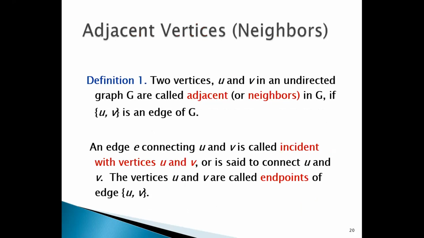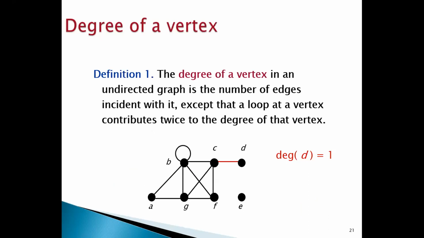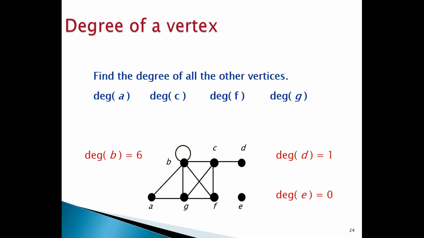So it is given that degree of node D is 1, node E is 0, node B is 6. We have discussed this thing. Then A, C, F, G. So what will be the degree of node A? It's 2.